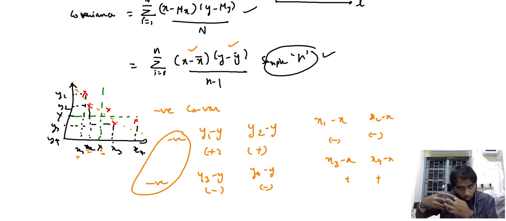Despite quantifying the covariance, we are able to recover the same trend that we would have observed through the graphical representation itself. So here we are able to recover the negative trend through quantifying the covariance that exists between these different points.